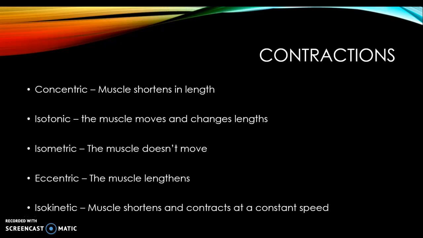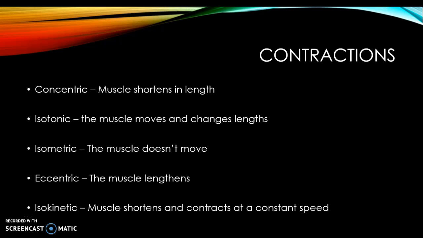An example of concentric could be a goalkeeper gathering a ball, or someone picking up a ball, and there'd be a concentric contraction at the bicep. Isotonic could be a quadricep when an athlete jumps over a high jump pole. Isometric could be any form of handstand, headstand, bridge, anything to do with the body staying stable.